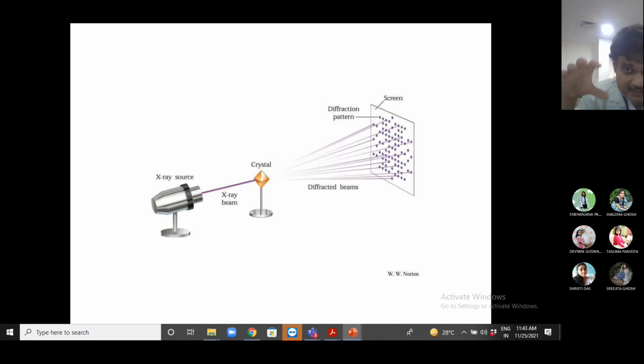We then measure all these diffracted beam positions and their intensity, and calculate back the arrangement of the atoms in various planes in the crystalline object. By solving that structure, we can get the three-dimensional arrangement of those atoms inside that three-dimensional crystal. So this is the nutshell of the process.